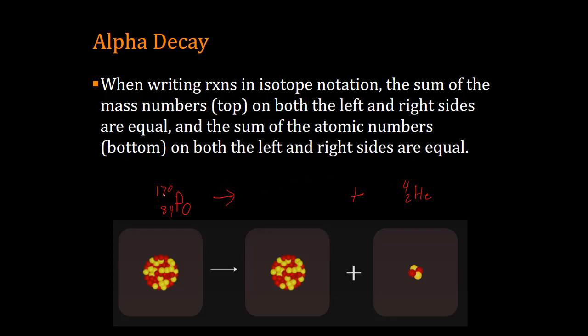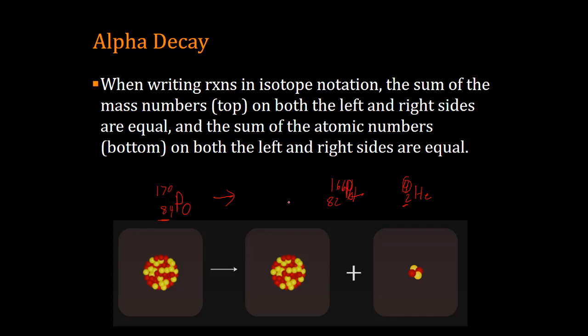So if there's 170 on the left, we need 170 on the right. 4 of them are right here, which leaves 166 to be here. There are 2 protons here. We started with 84, so we need 82, right? 82 plus 2 gets me 84. And the 82nd element is lead. So this is lead-166.